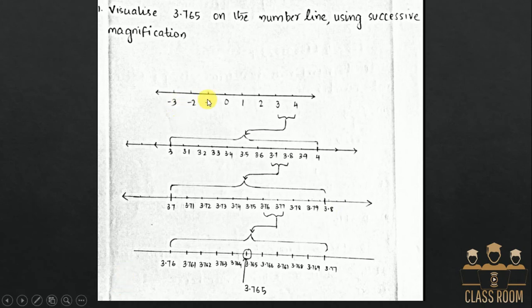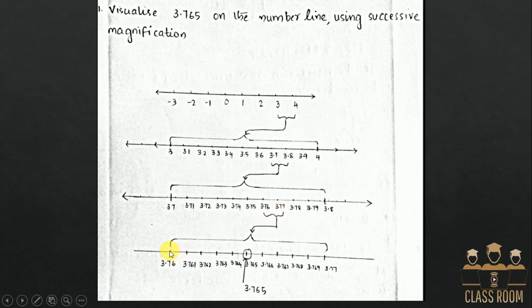Now see, the number is 3.765, right? So in between 3.76 and 3.77. So what we have to do? We are again magnifying these two, 3.76 and 3.77. What will we get?